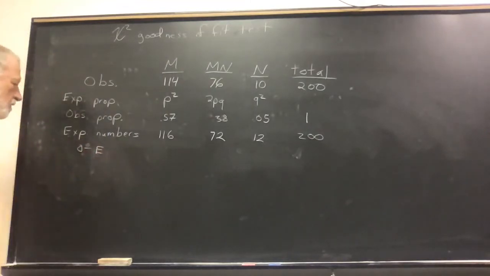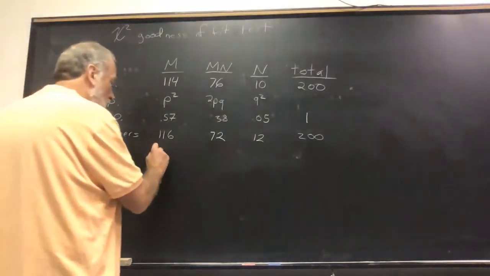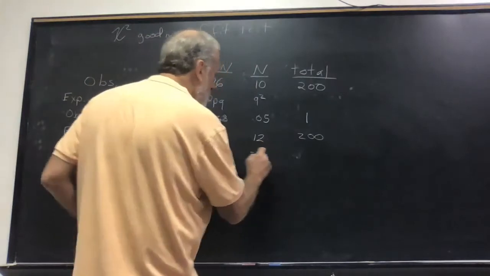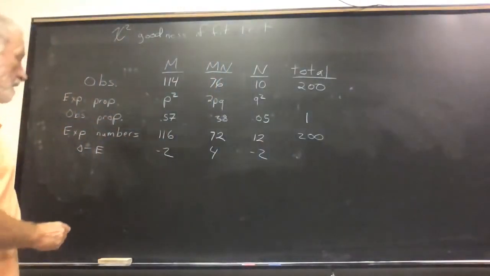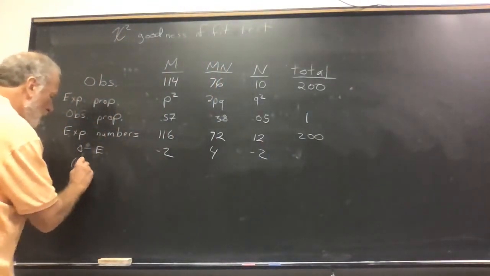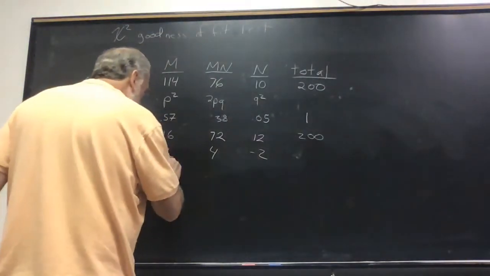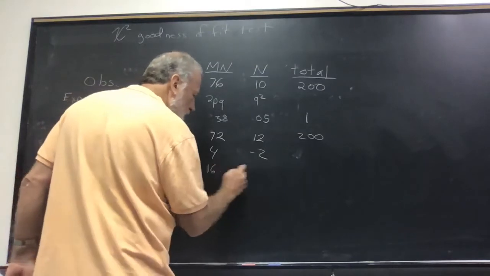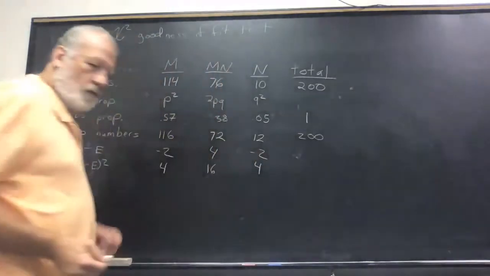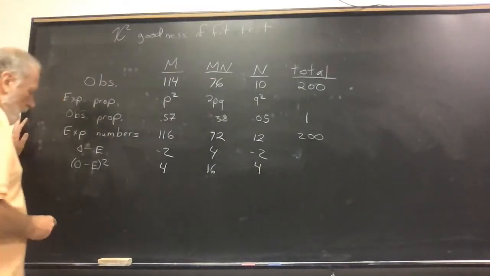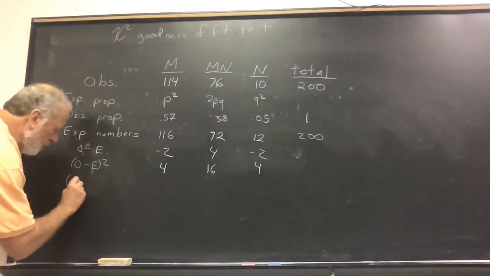And then back to familiar territory, observed minus expected. Let's see, -2 there, a 4, -2 there. And then remember, we square these. 4, 16, 4. And then we divide them by the expected numbers.